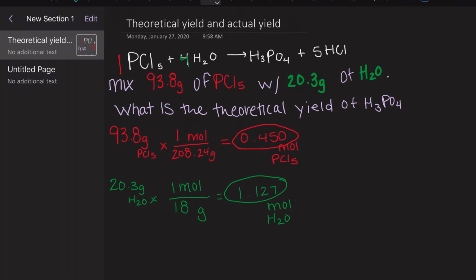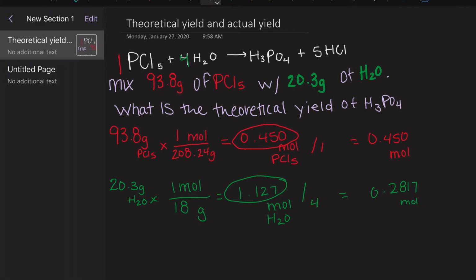So, we would divide this by 1, and we would get 0.450 moles. And then we would divide this by 4, and we would get 0.2817 moles.